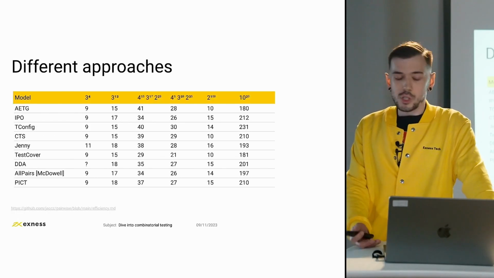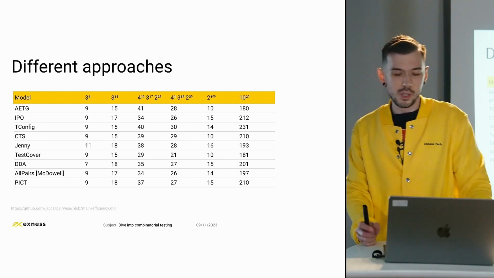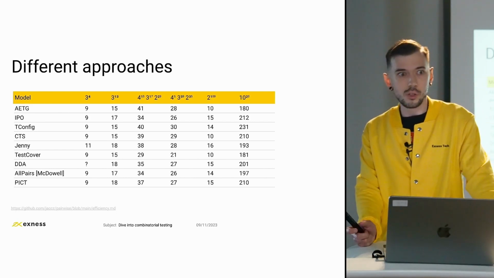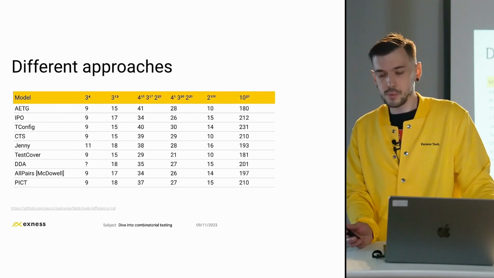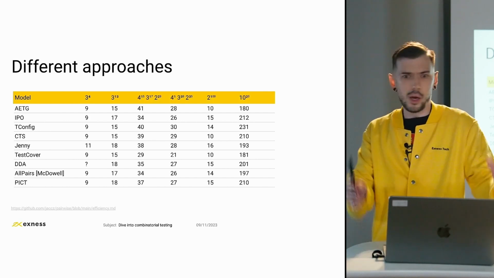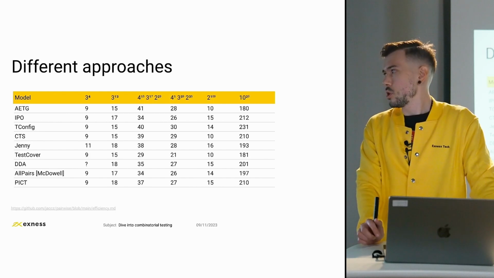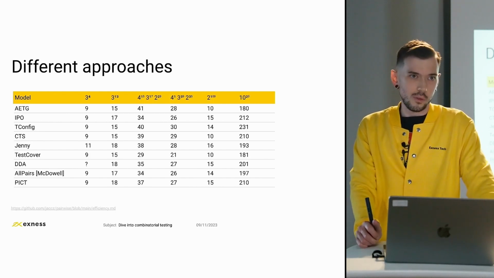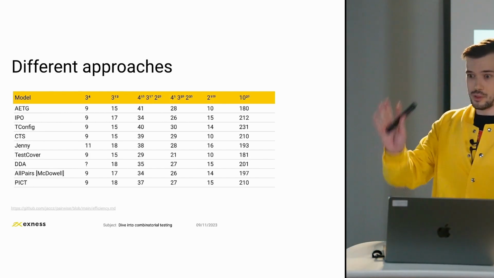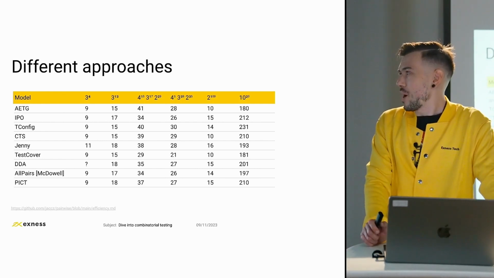Okay, for approaches, I just scratched the surface, and I cannot go deeply, unfortunately, into all algorithms that can be used for pairwise or any other-wise suite generation. Not because there are too many, but it would take another talk or two to cover them.